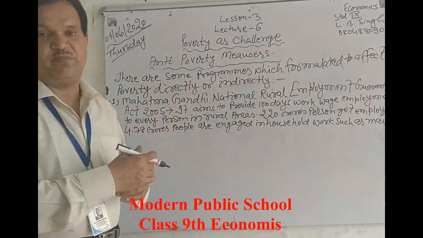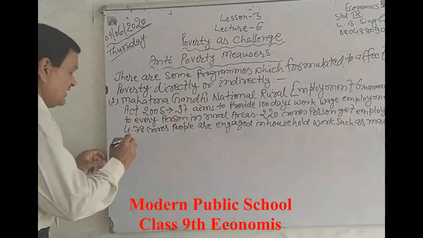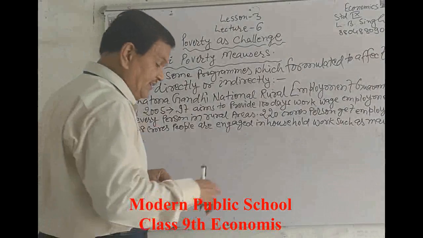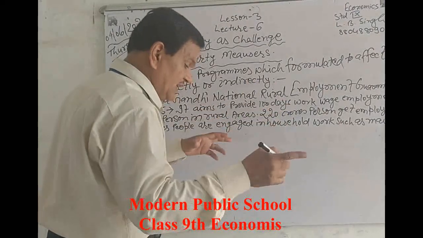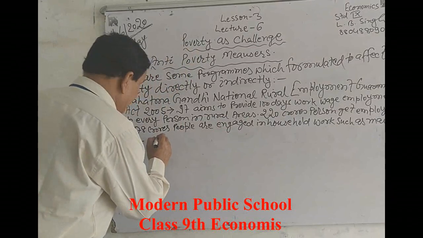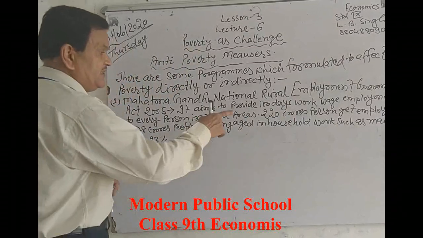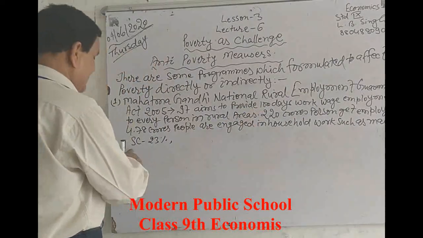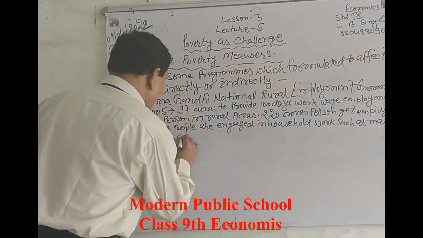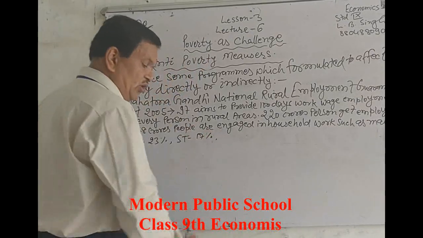Vulnerable groups means marginalized people, in which there are SC, ST and other classes, that means women. Of the 220 crore, Scheduled Castes get 23% and Scheduled Tribes get 17%. Do you know this thing?